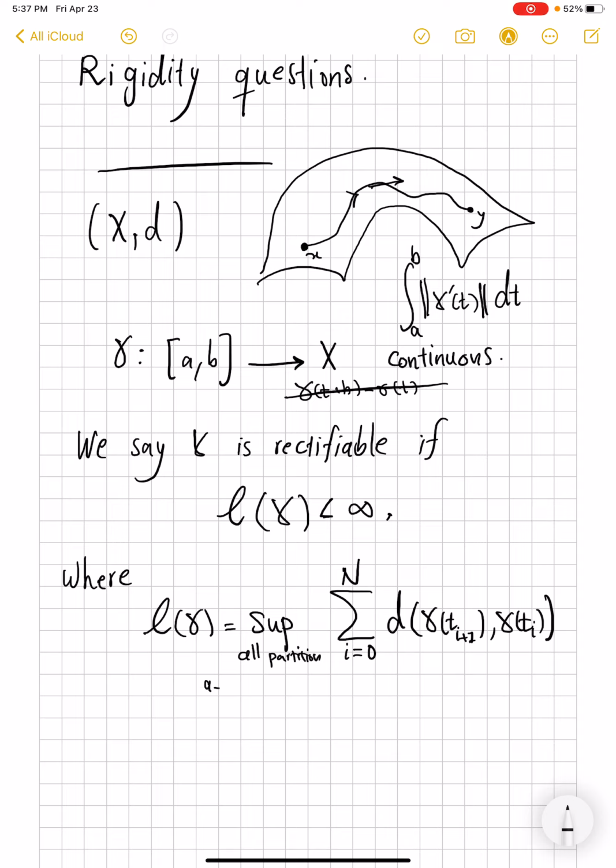So you want a equal to t_0, then t_1, and so on, up to t_n, and then t_{n+1}, which is equal to your b.